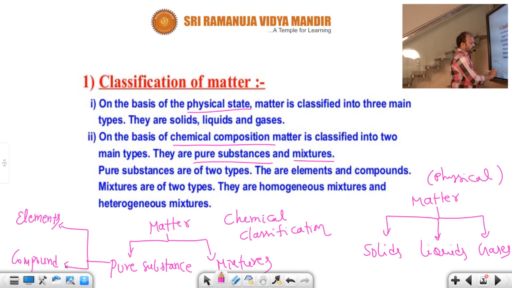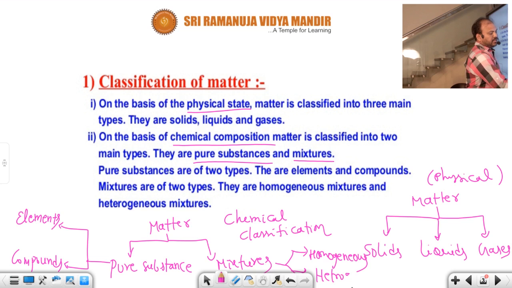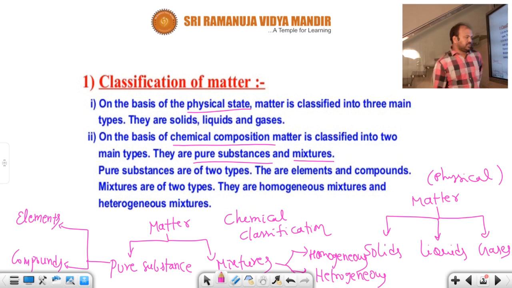Mixtures are again classified into two types: homogeneous mixture as well as heterogeneous mixture.